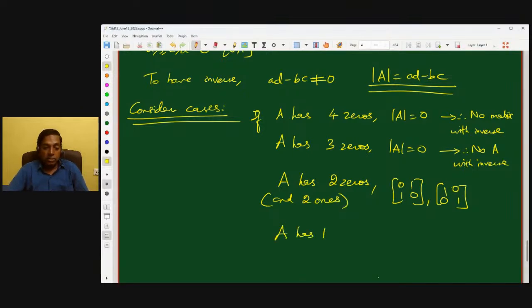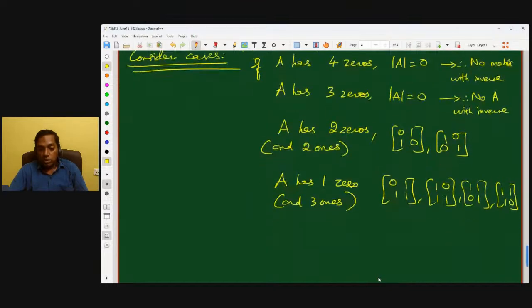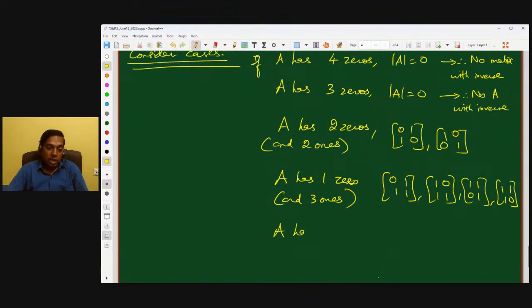If A has 1 zero and 3 ones, all possibilities will give determinant plus or minus 1. Okay, 1 zero and 3 ones. If A has 4 ones, no A will have A inverse.